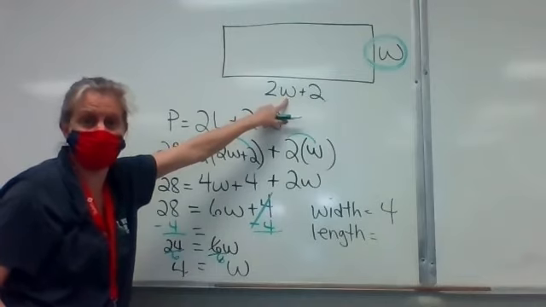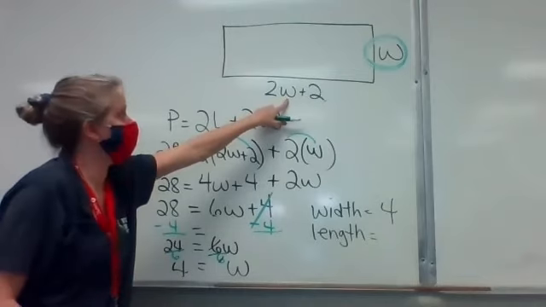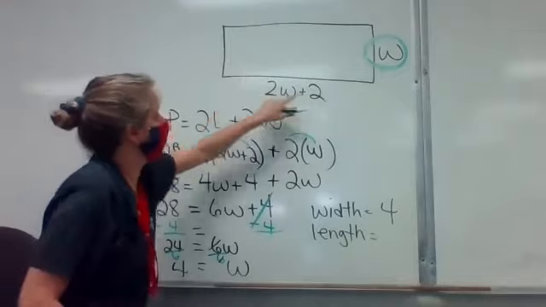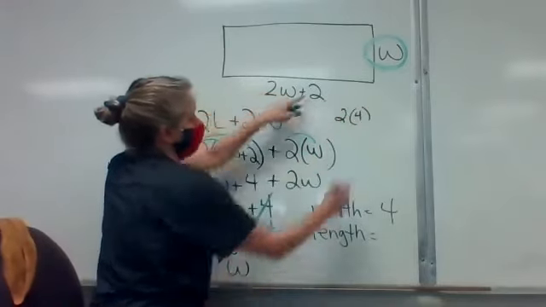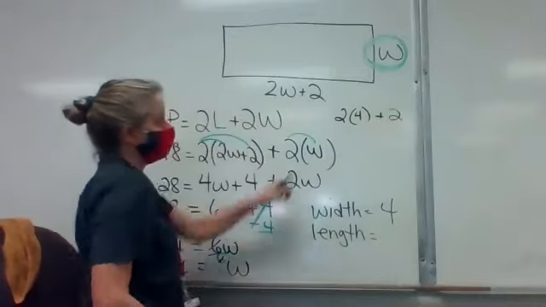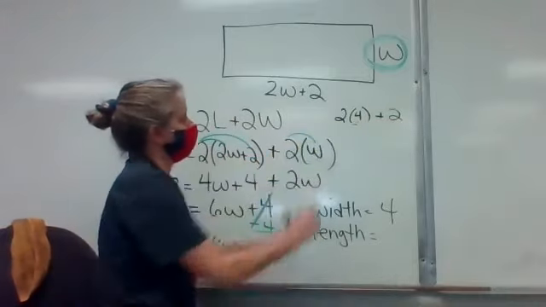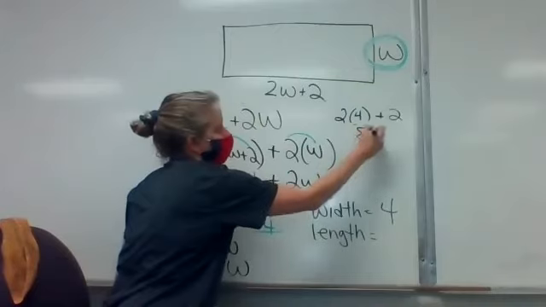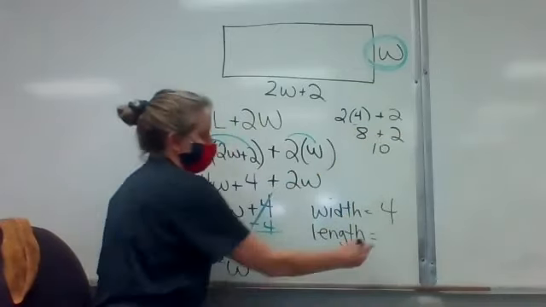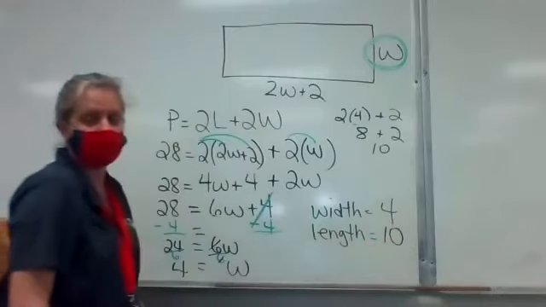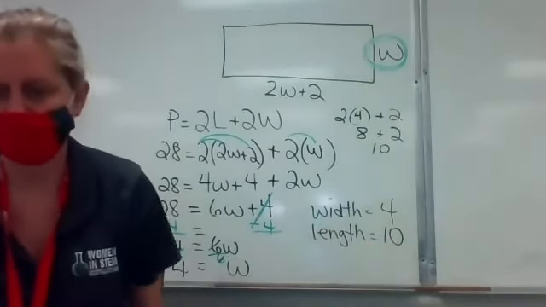Which means anywhere I see a W, it's a 4. So what does that mean that this length is? Well, it's 2 times the 4 plus 2. And then do that math. 2 times 4 is 8, plus 2 is 10, which means the length is 10.